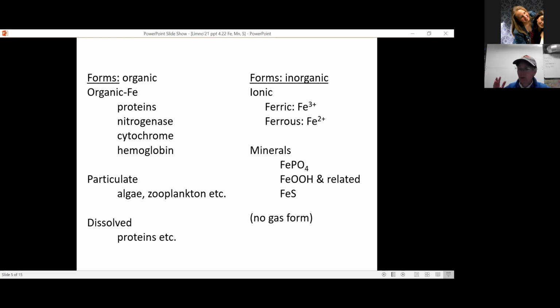But even pyrite has different forms, so we're not going to go into the details. We're just going to say iron sulfide. And that's an important form of inorganic iron. And there is no important gas form of iron. These are the forms.